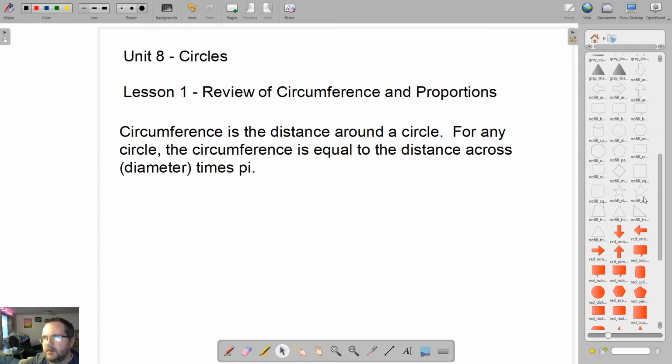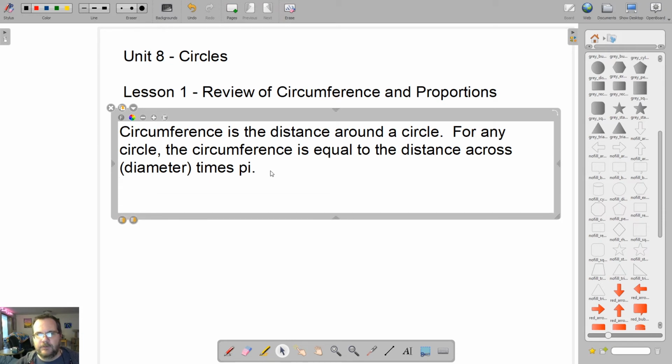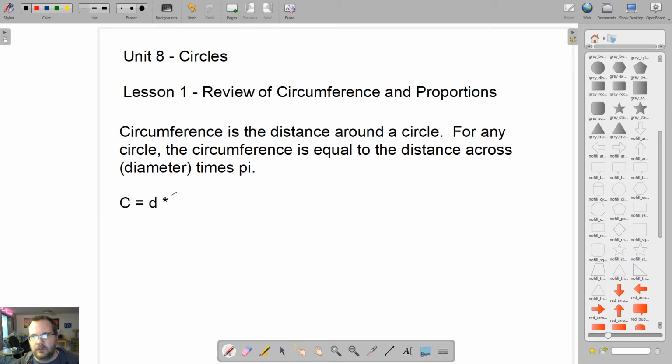So let's talk about how this shows up. There are 2 different ways this formula shows up. One of them is that the circumference, C, is equal to diameter D times, I'm just going to write out the word pi, but maybe I'll do the actual symbol here. Pi. So circumference is diameter times pi.